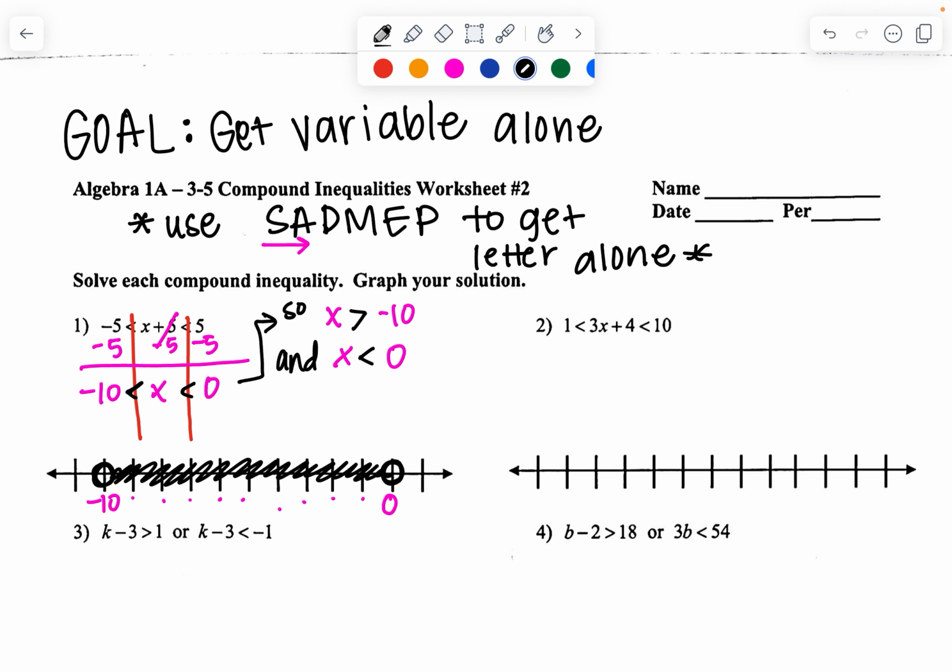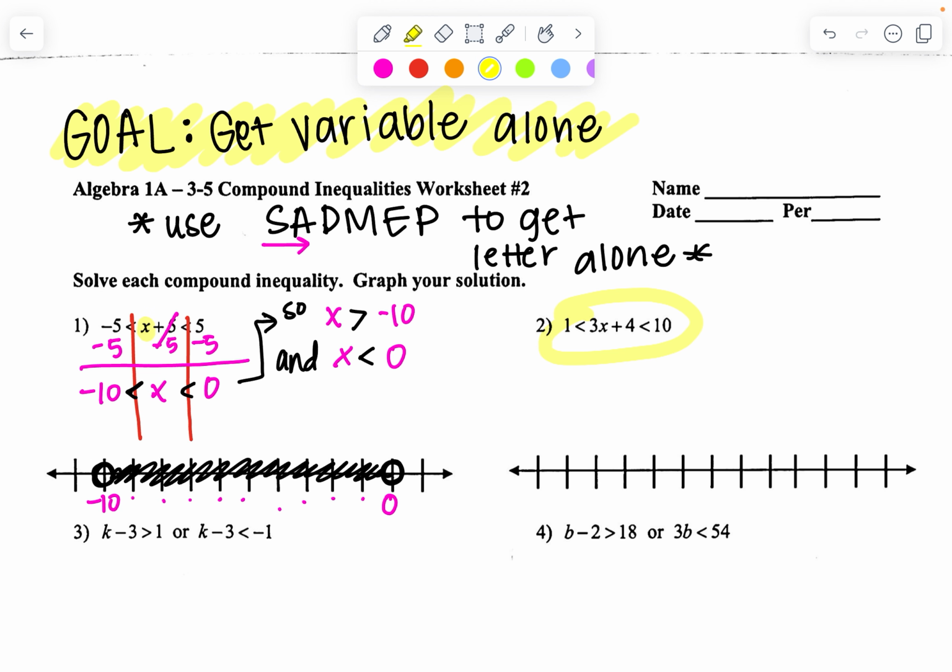So to recap, we did the very first problem together. You can see that compound inequalities were just like we were working yesterday when we were graphing. There's more than one thing going on, right? And our number one goal is to get the variable alone. Oftentimes it's x, but it doesn't have to be. And usually the variable's in the middle. If I look at this very first problem that's worked out, x is in the middle and nowhere else.